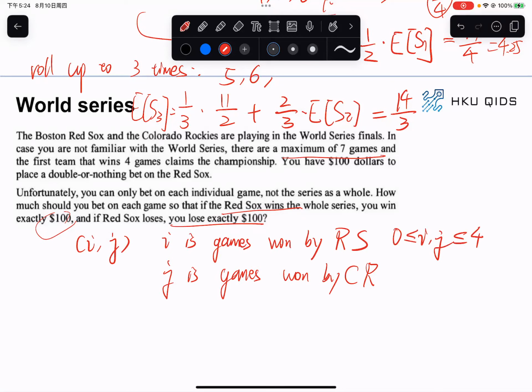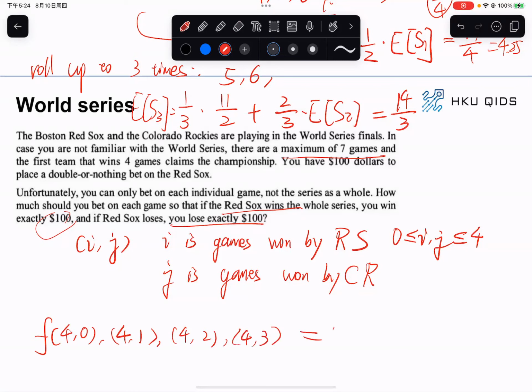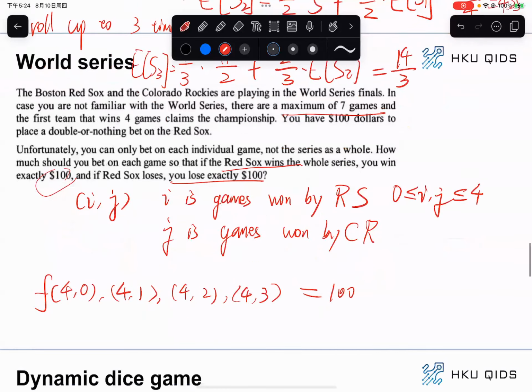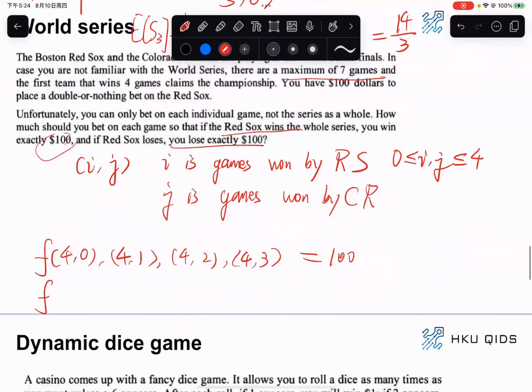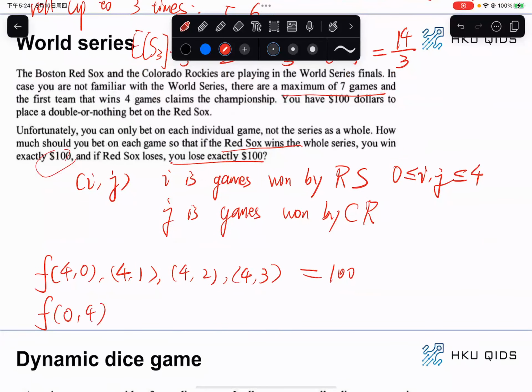And we already know that for F(i,j), for all these 4 combinations, (4,0), (4,1), (4,2), (4,3), it is going to equal 100, right? And also we have (0,4), (1,4), (2,4), and (3,4). We are going to have negative 100.